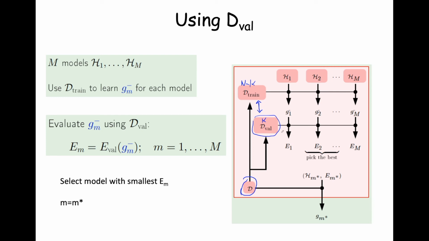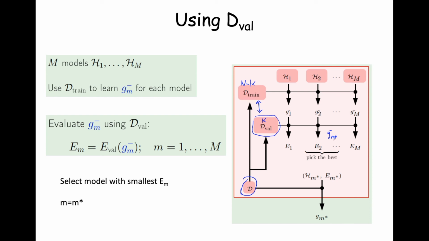And so then when we use our validation set, we pick the best limited final best hypothesis, which we called last time g m star minus, the one associated with the best performance out of sample, and that would mean the smallest validation error.